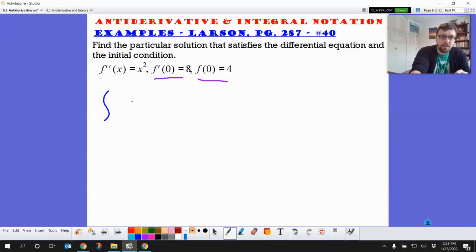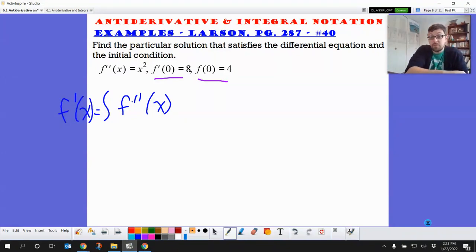So we're going to do the integral of f double prime of x, because this is what f prime of x is. So f prime of x will just be the antiderivative of f double prime of x dx. And that's just a quick reminder that we're doing the antiderivative of this with respect to x.